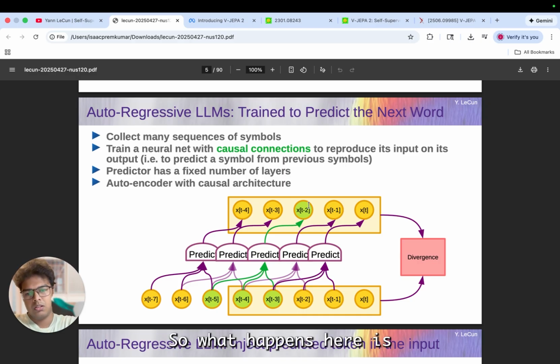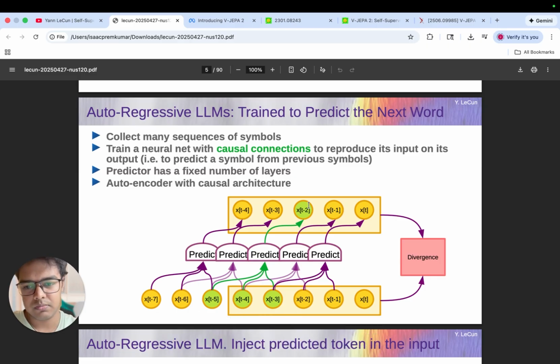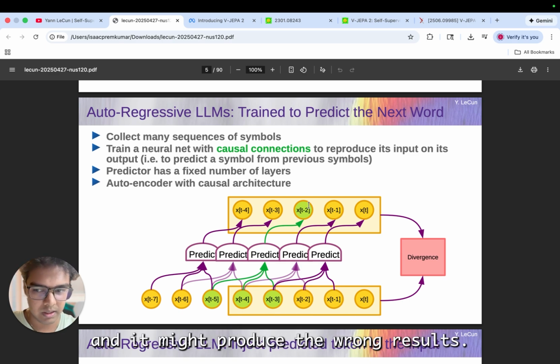So what happens here is there's a lot of uncertainty in the outcome as well. There's a lot of chance that it might go wrong and produce wrong results.